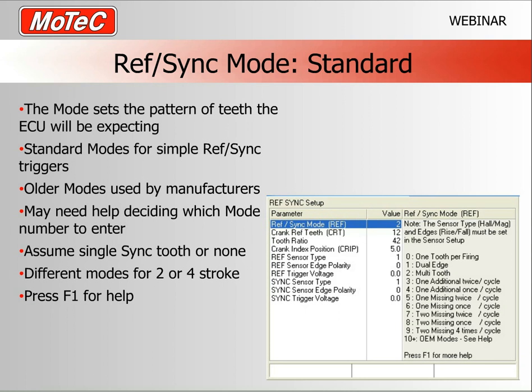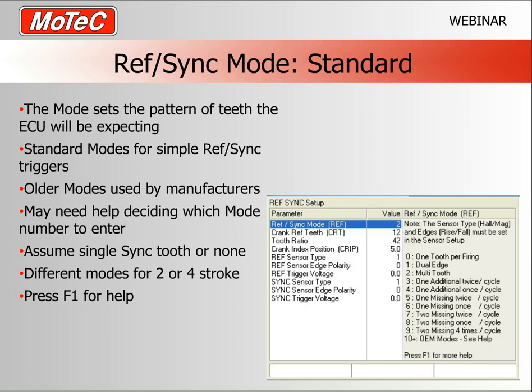All of these modes basically assume one single sync tooth. So that means there's only one tooth on the cam or maybe in the distributor. So these would be a standard mode. You just have to be a little bit aware that there's a couple of different types.